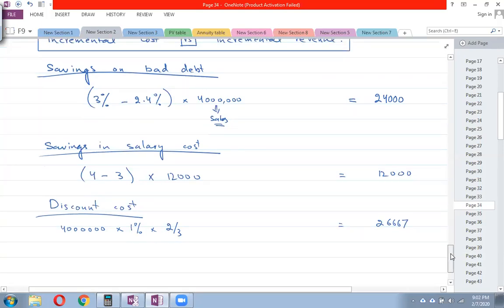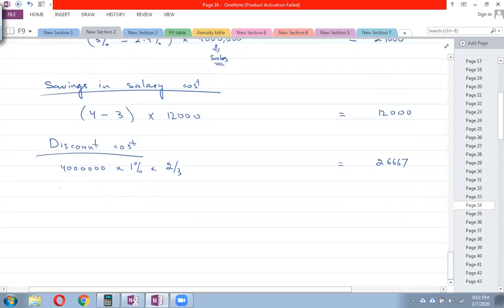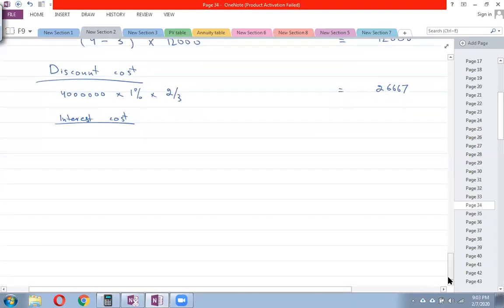Any other cost? Yes. The interest cost. The interest cost is the calculation that we are going to do now, right? You have to be careful with this one. Interest cost, you actually calculate, I'll do it in red. If you want, you can do it separately in the working, or if you want to do it within the answer, you can do it.